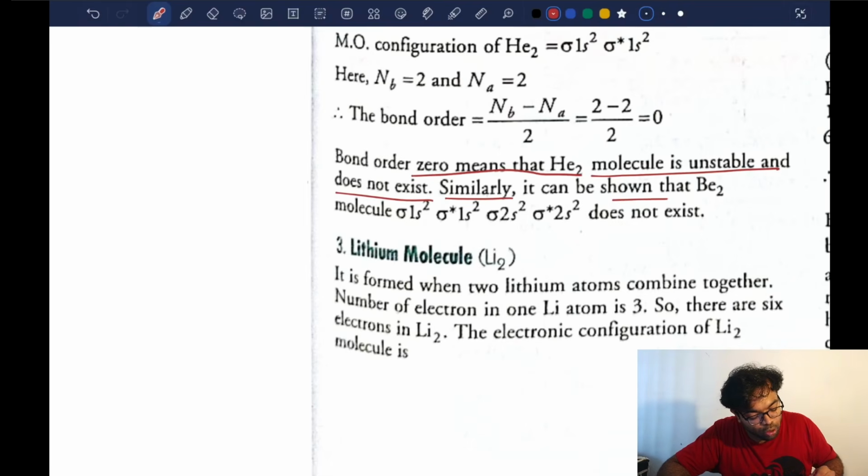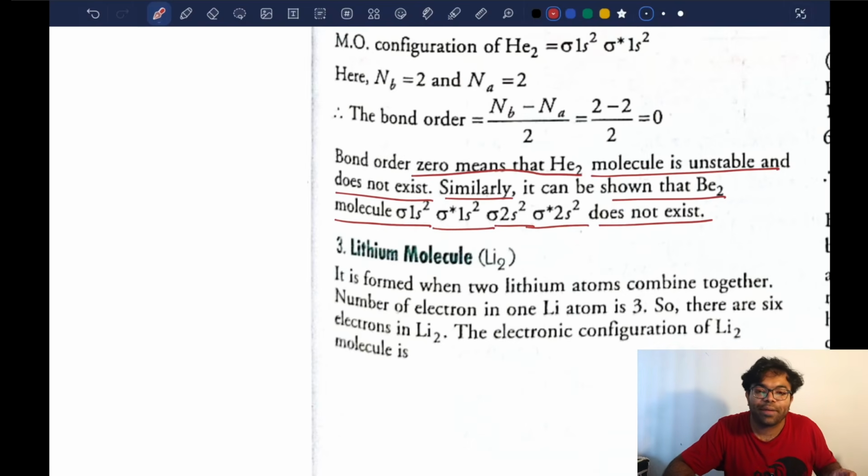Similarly, it can be shown that the Be2 molecule, with configuration sigma 1s2, sigma star 1s2, sigma 2s2, sigma star 2s2, does not exist. Just like in the case of helium, Be2 will not exist because the number of electrons present in the bonding molecular orbital and in the anti-bonding molecular orbital are the same.